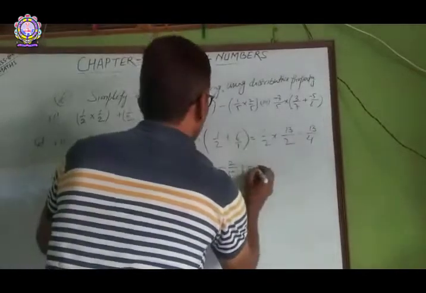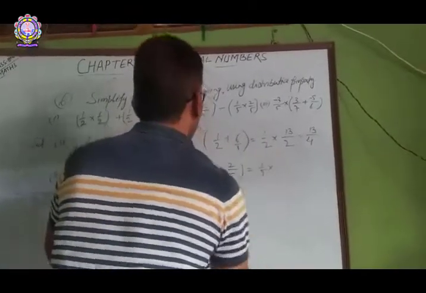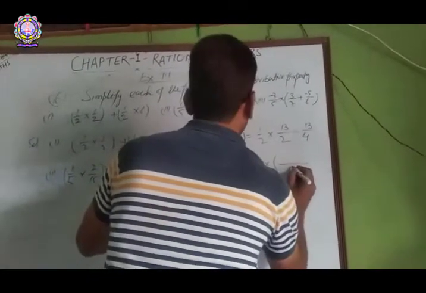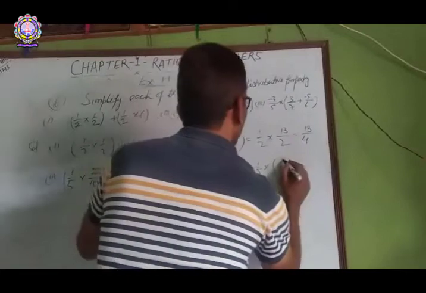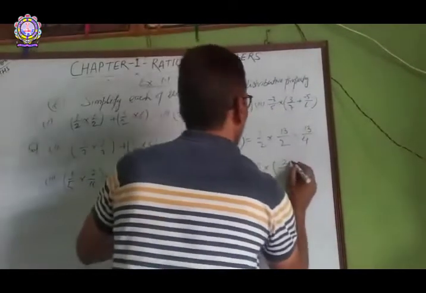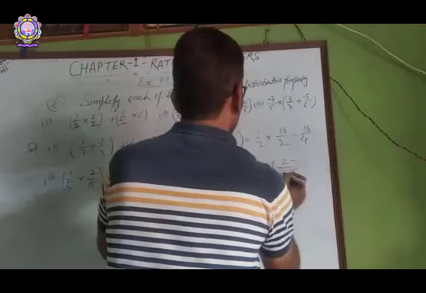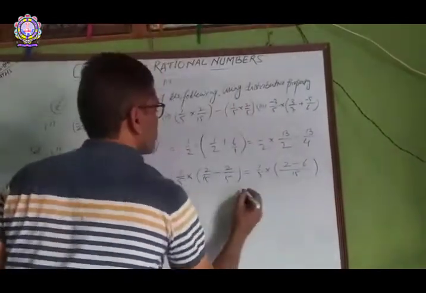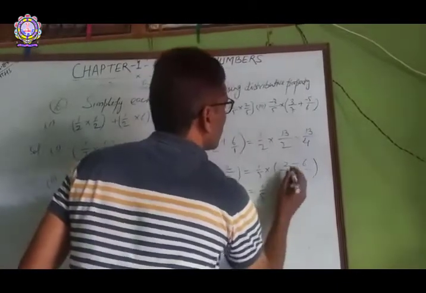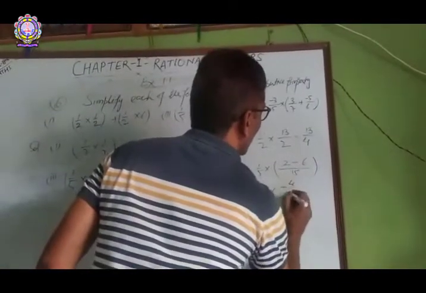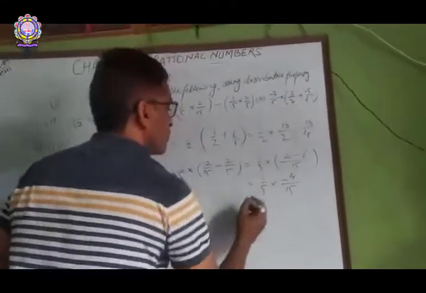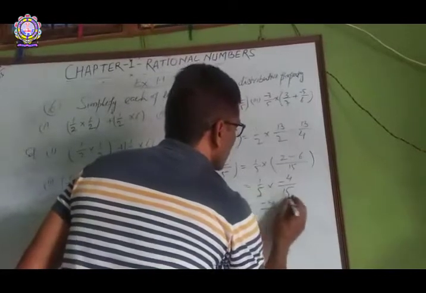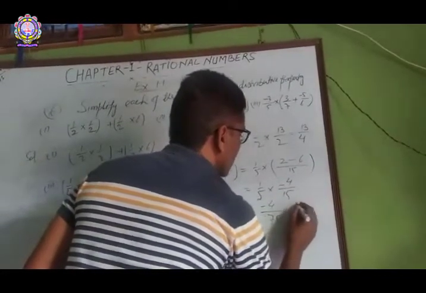Now you can solve this. 1 upon 5 into, subtract this. Take LCM as 15. This will be equal to 2 minus 6 bracket close. This will be equal to 1 upon 5 into minus of 4 upon 15. This will be equal to minus 4 upon 75. This is the answer.